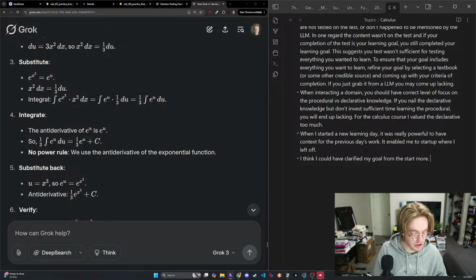Oh, okay, it does say derivatives and integrals. Part 3 is derivatives and integrals. Oh, I see. Never mind. So we're learning about the tangent line.